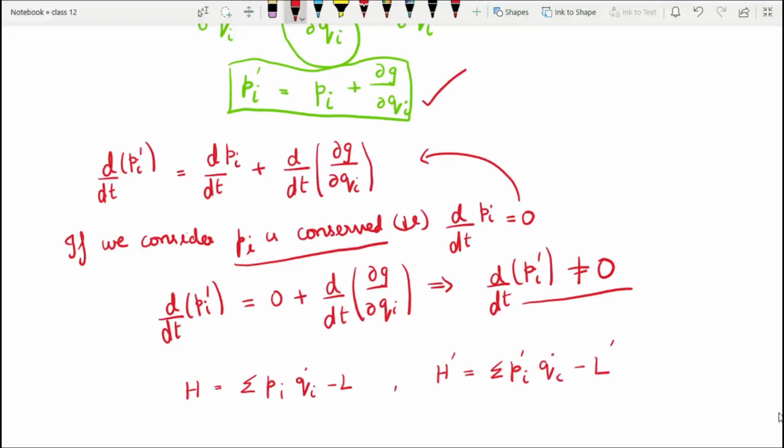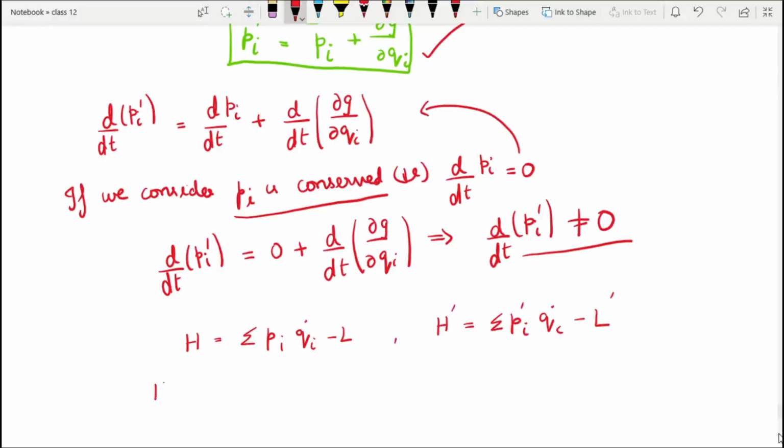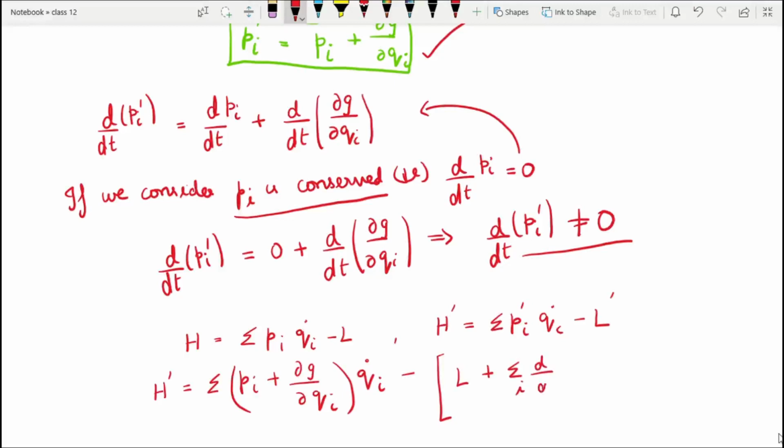So then substituting it, we will be getting H prime is equal to summation pi plus dou g divided by dou qi into qi dot minus L plus d by dt of g(qi, t). So in the beginning itself we have found the first derivative of g with respect to time. We will substitute that here.